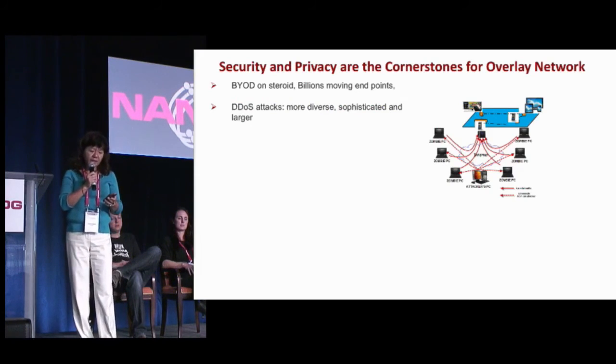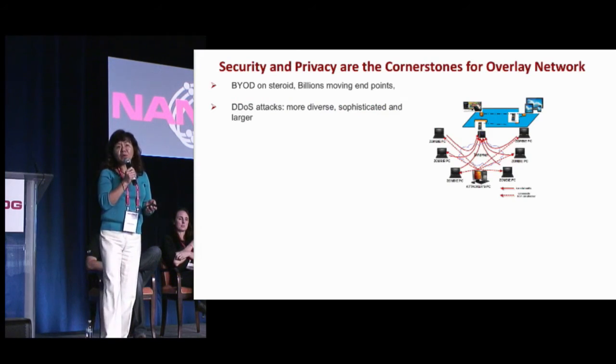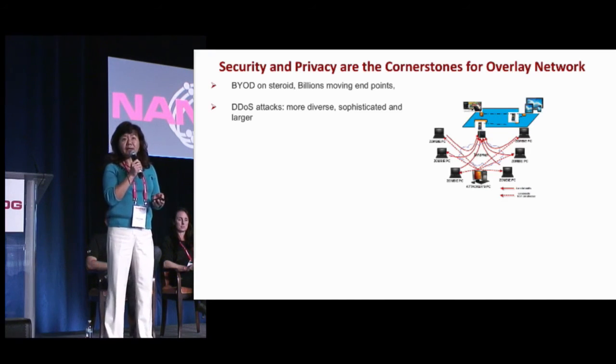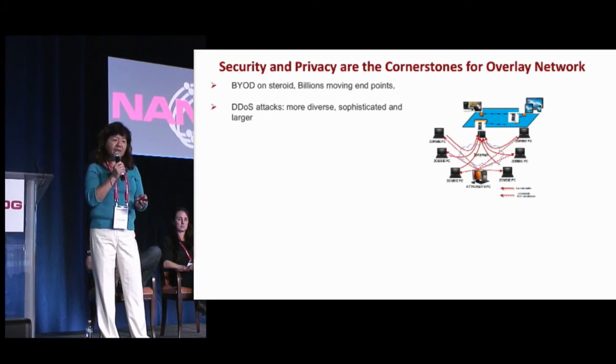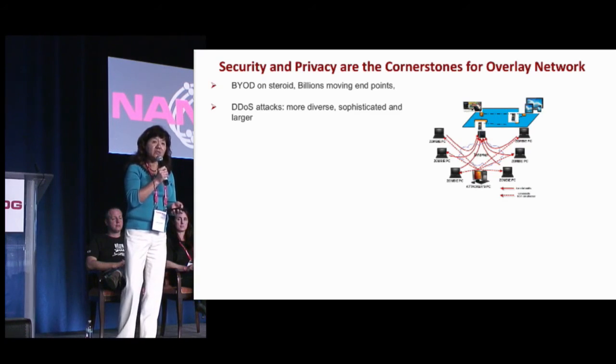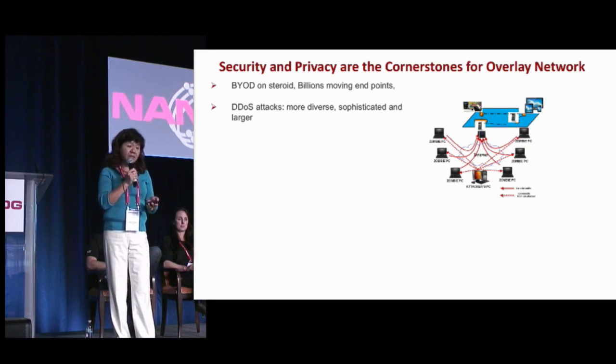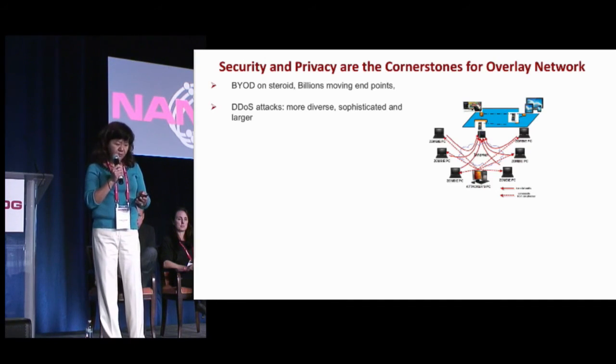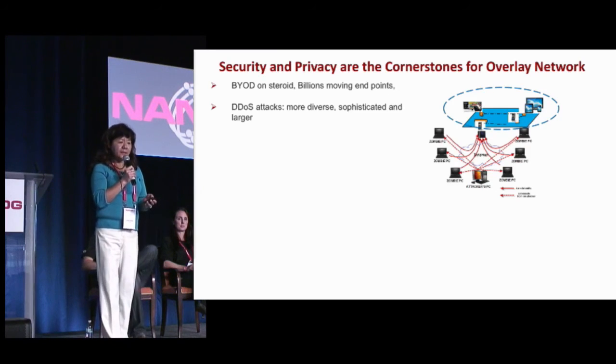So in overlay networks, more and more often you can see the endpoint being mobile, right? This BYOD, bring your own device to campus, allows different kinds of devices to be used. And so security is a big issue.